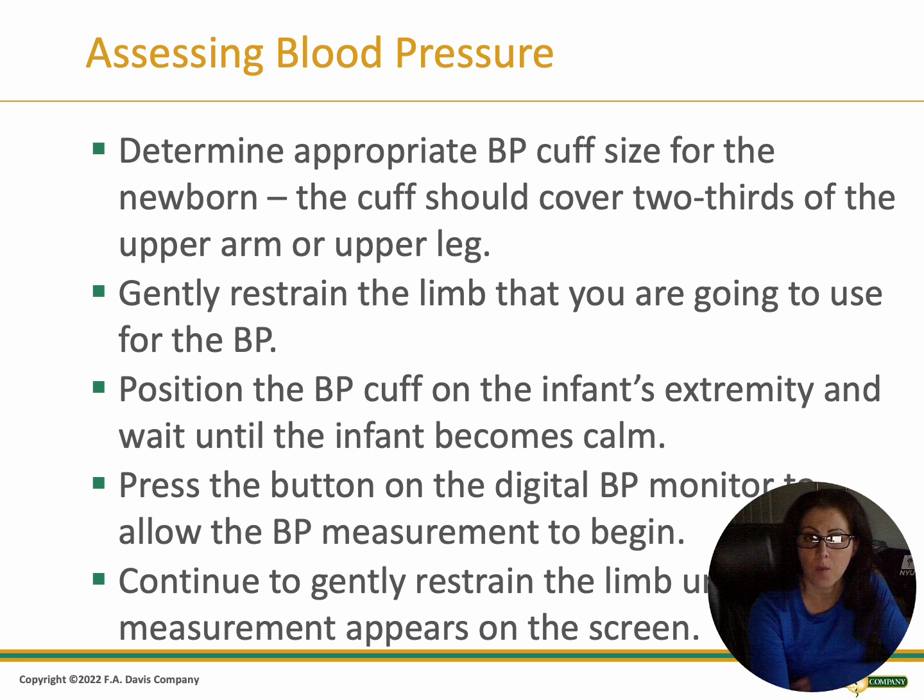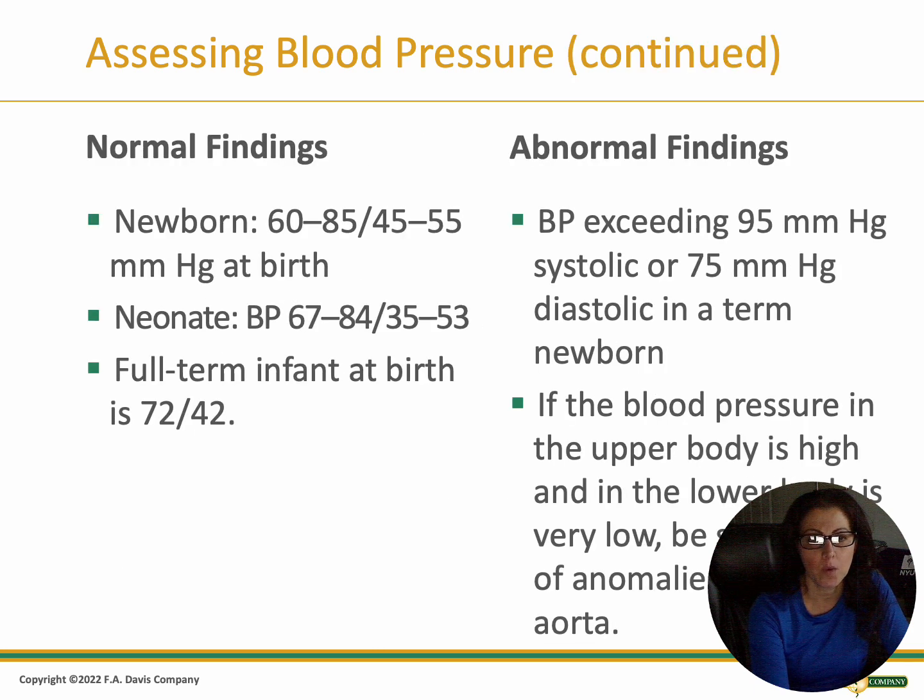And it's important that when you're assessing their blood pressure, they're at a rested phase, preferably when they're asleep, preferably when their extremities aren't in motion, because you can get false readings. And normal neonate blood pressure is usually between 67 to 84 systolic to 35 to 53 diastolic. And it does vary for their age.